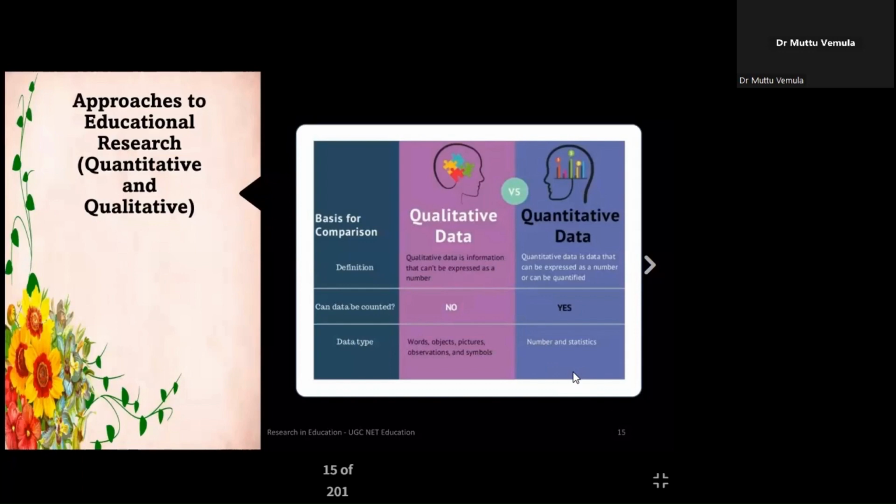When numbers and statistics are given, it belongs to qualitative, quantitative, both the above, none of the above. Give your answers as A, B, C, D or 1, 2, 3, 4, your choice. No problem, but preferably give 1, 2, 3, 4.